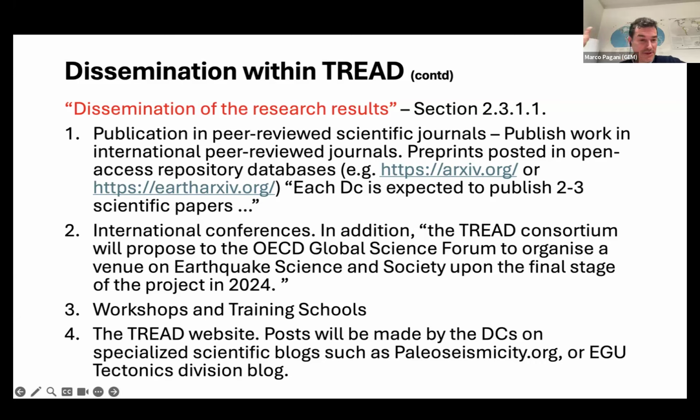Then there are the workshops and training schools. That's ongoing, and I think that so far it has been quite interesting. And of course, the TREAD website that is maintained by Innovacta. But posts can also be quite interesting to have, particularly on dedicated websites like Paleoseismicity or the EGU Tectonics division, with which I'm not as familiar as Paleoseismicity.